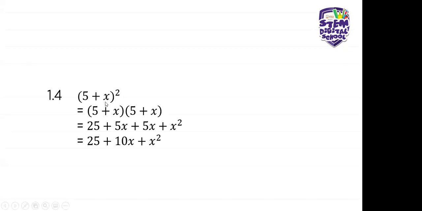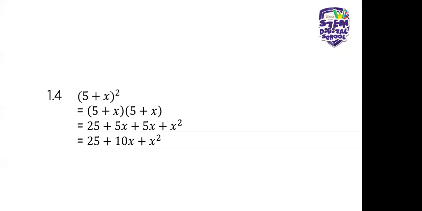So 5 plus x all squared is the same as 5 plus x into 5 plus x. Now, you are multiplying 5 plus x by itself, and of course, 5 times 5 is 25. So that's the first bracket.